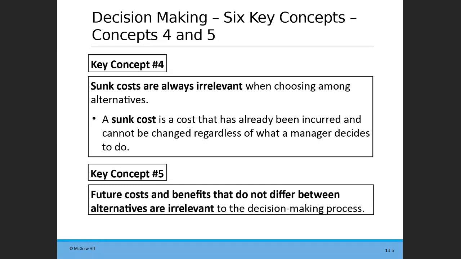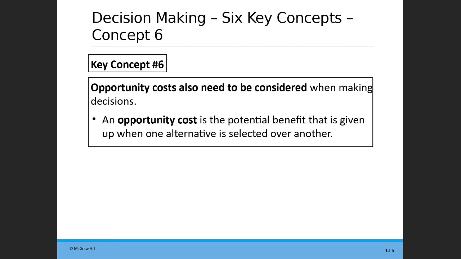Future costs that don't differ are irrelevant. So if my management salary is the same either way, I have to have a manager, I pay him $50,000 a year, it's the same whichever choice I go with. Not relevant to the decision. So only future costs, no sunk costs, but if they're the same with all my choices, I don't have to worry about it.